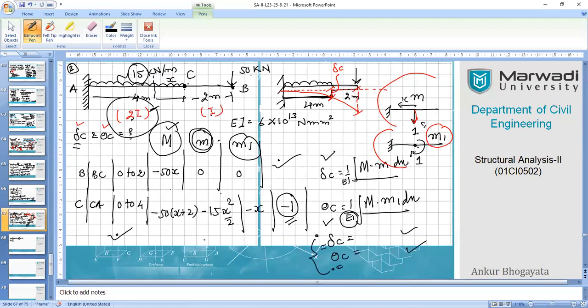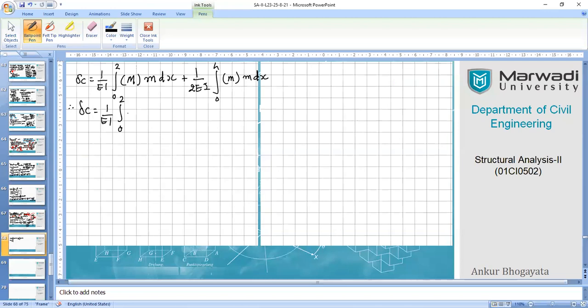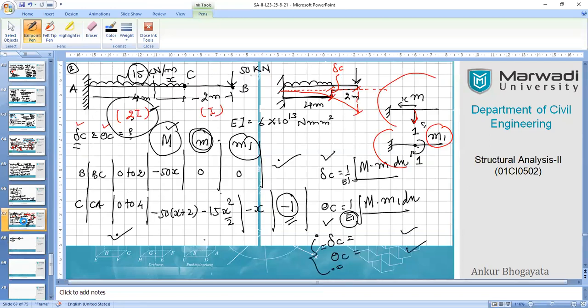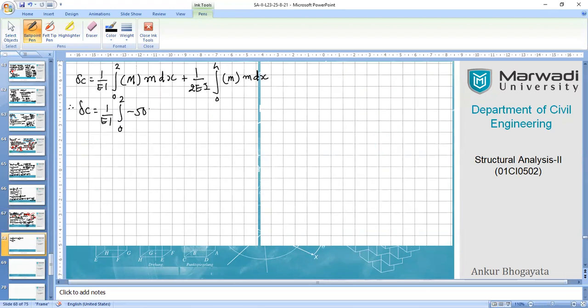What is capital M? Minus 50. So we'll write down minus 50x into 0, because there is no other unit load associated. 1 upon 2 EI, 0 to 4 meters. Please keep doing the things with me.